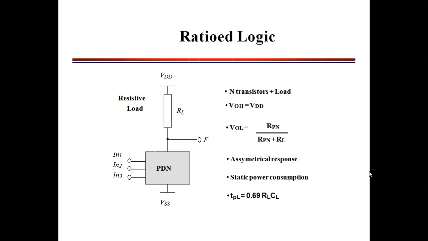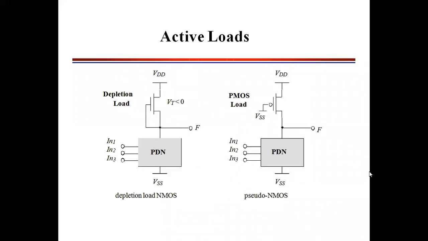How to calculate that propagation delay? It is 0.69 RL CL. So basically the load is contributed by the N-type transistor and the resistive load that we have connected. This is how you can calculate VOL, tPLH, and the other parameters.